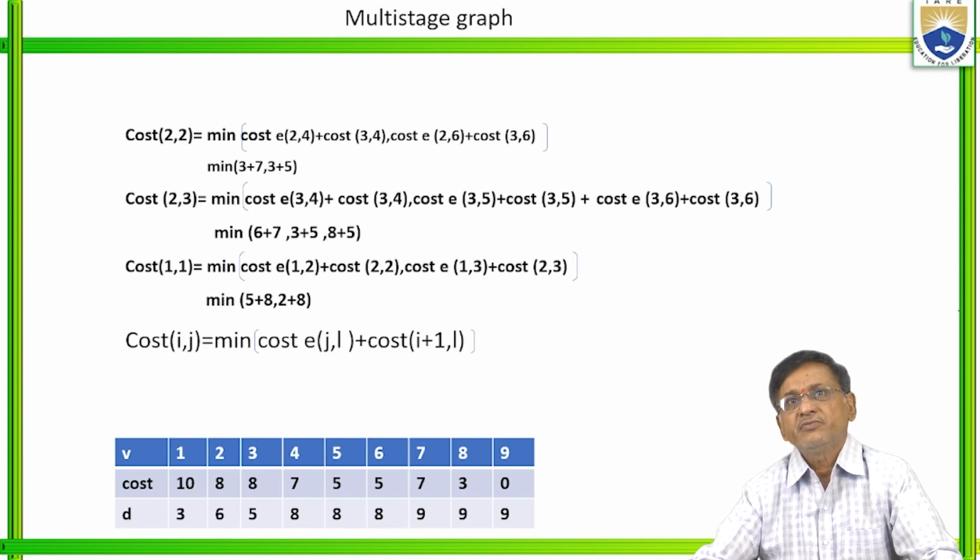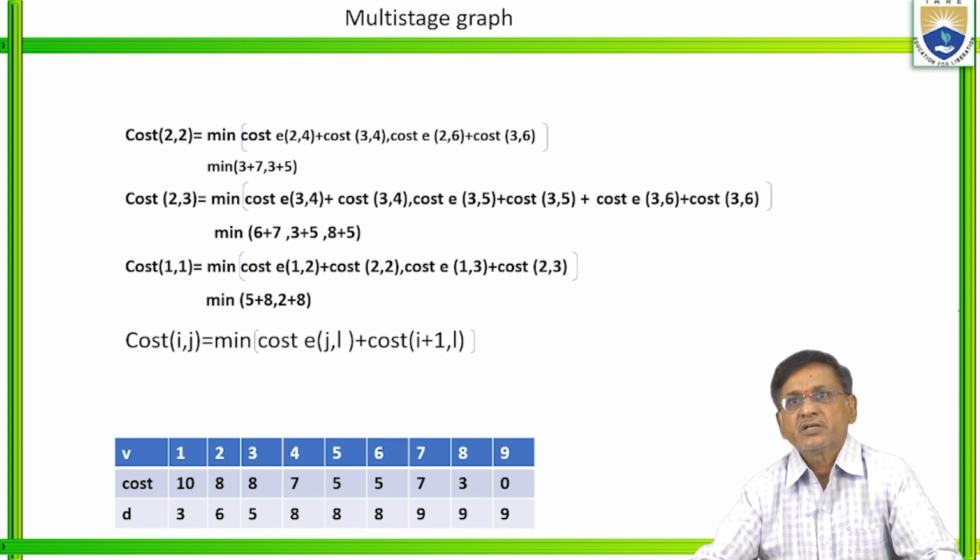Now, cost of vertex 2 in stage 2 is equal to minimum of cost of an edge 2 to 4 plus cost of vertex 4 in the third stage, comma, cost of an edge 2 to 6 plus cost of vertex 6 in the third stage. So, the cost of an edge 2 to 4 is 3 and cost of vertex 4 is 7 in the table, so that you can write 7 and 10.